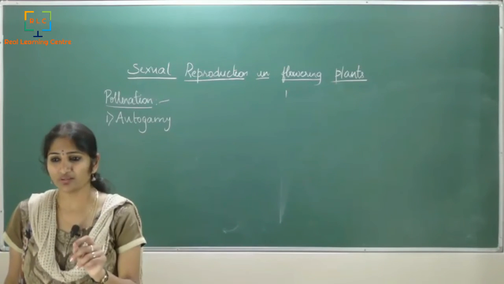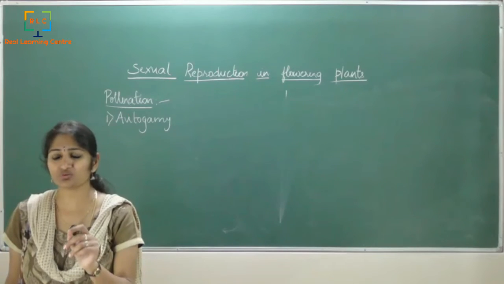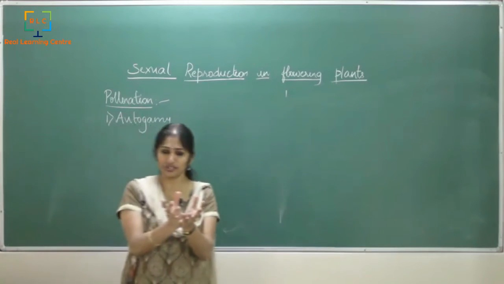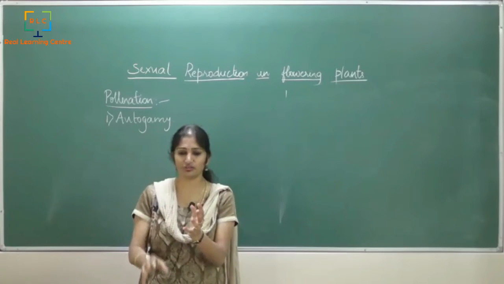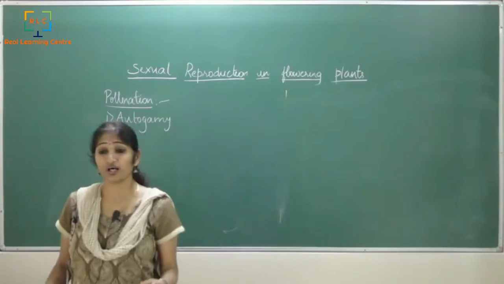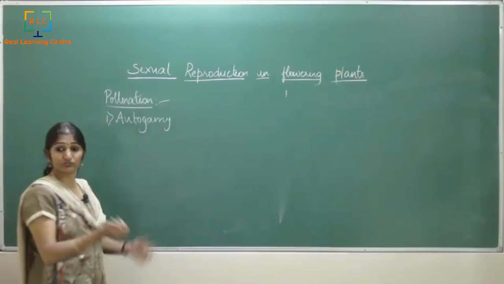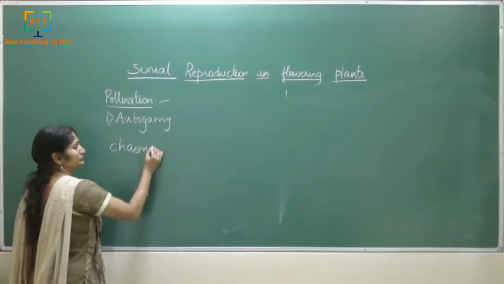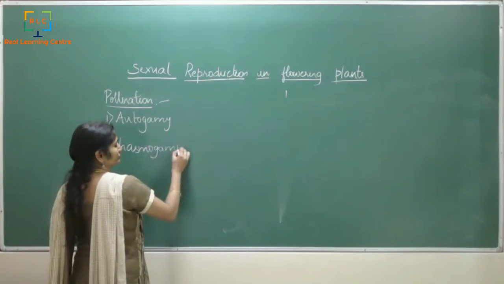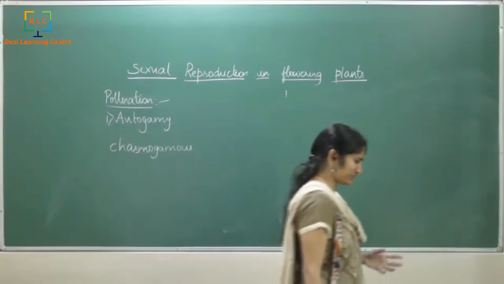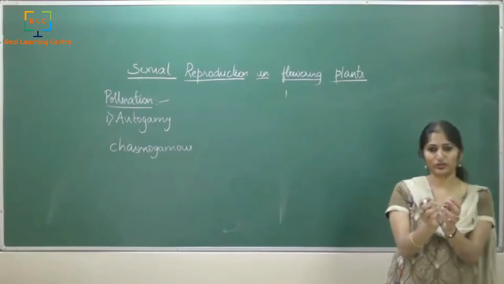One is similar to flowers of other species, where the flowers just bloom, there are anthers, stigma, style and everything, and they are exposed. Such flowers which open, we call them as chasmogamous.